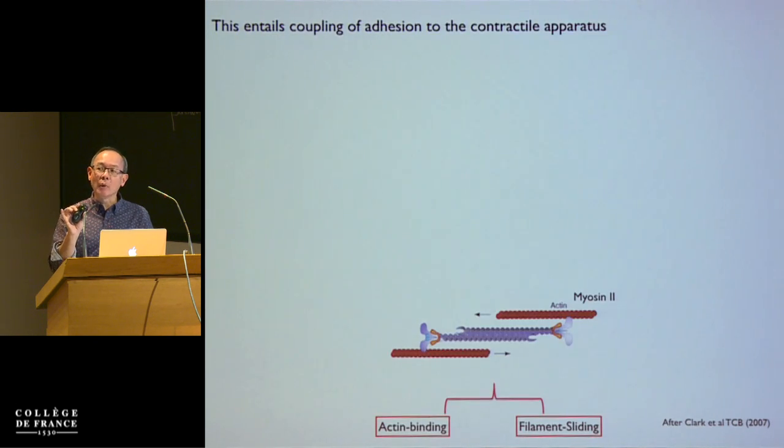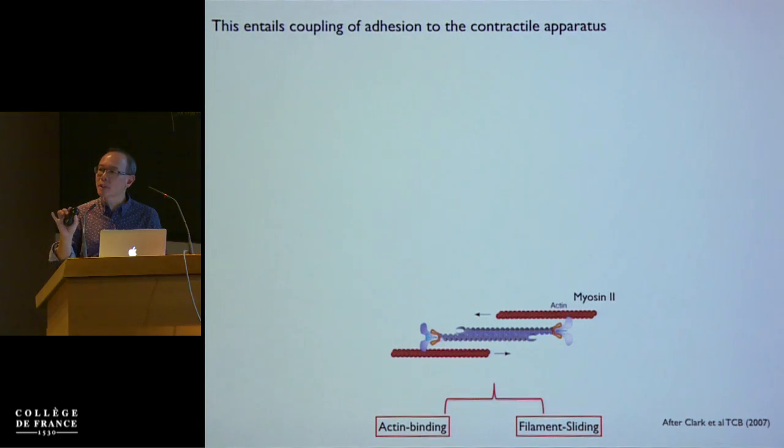And ultimately, what this reflects is, as you will imagine from the talks that you've heard this morning, a process of coupling whereby the principal contractile force generator within cells is actomyosin. And actomyosin generates force because the antiparallel organization of myosin motors will slide filaments inward, therefore generating a contractile force.